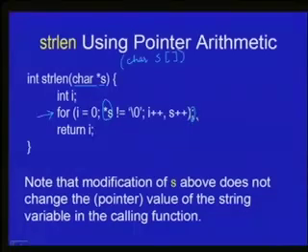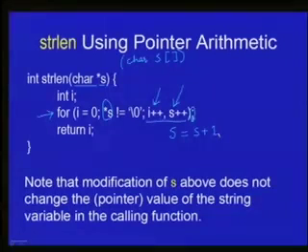The loop body is again empty, but after every iteration of the loop, we increment i by 1, of course, to count the non-null character that we have just seen, and we also increment the value of s. Note that this is the same as s assigned s plus 1. Now this is not normal arithmetic, this is pointer arithmetic, because s is a pointer.